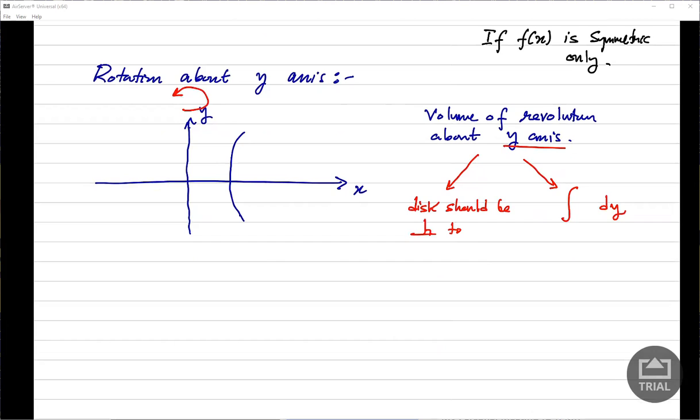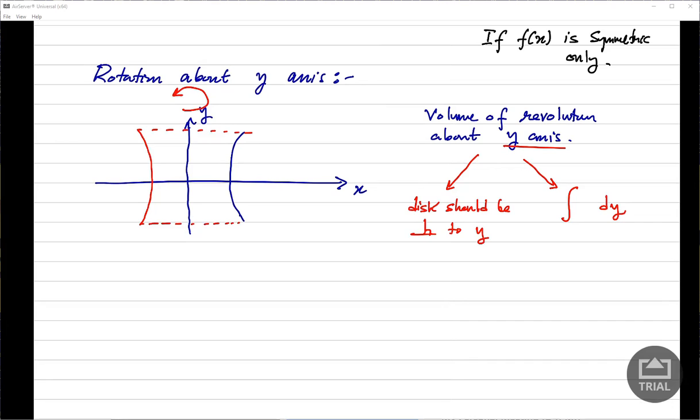Now if you are rotating in this way, you can see that due to that rotation, the curve will come to this, and you will get a solid of revolution.